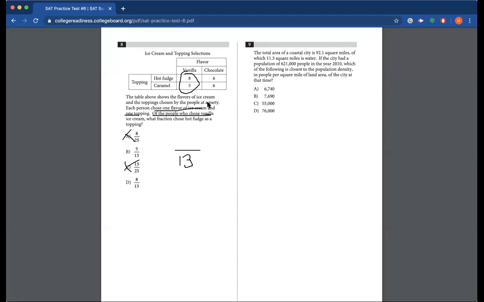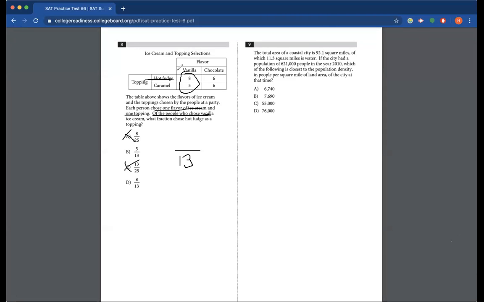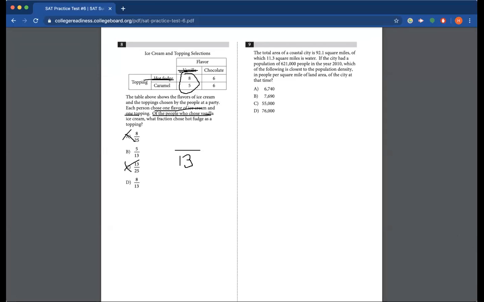We're not dividing it out of hot fudge people. We're dividing it out of vanilla people. Because they said of the people who chose vanilla, they want hot fudge over all the vanilla users.